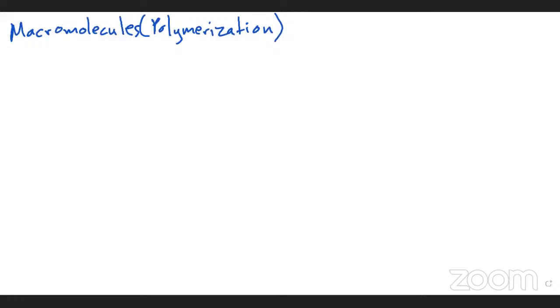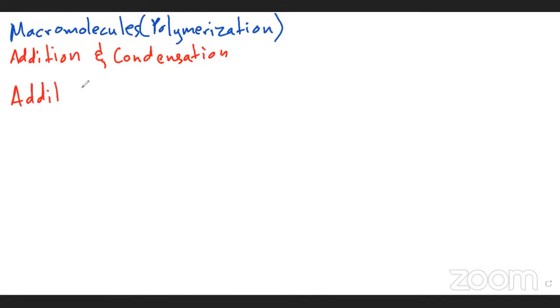We have addition and we have condensation. For addition polymerization, it is only alkenes that will do it.